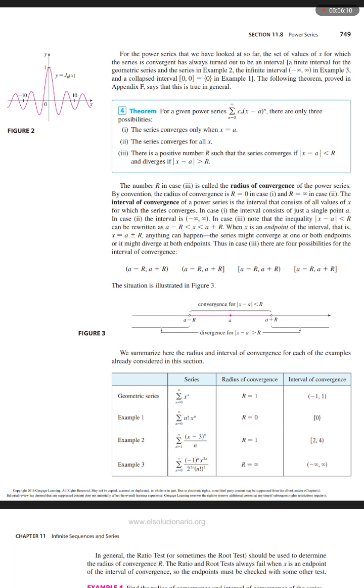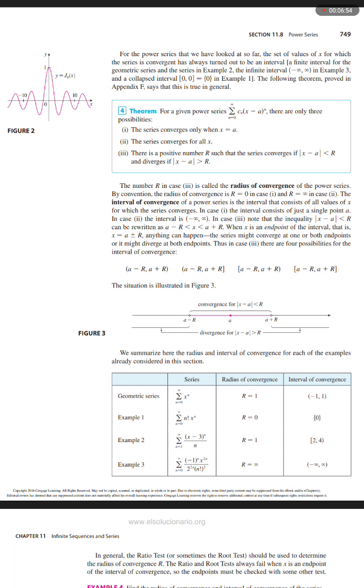In case 3, note that the inequality of the absolute value of x minus a is less than R can be written as a minus R is less than x, and x is less than a plus R. When x is an endpoint of the interval, that is, x equals a plus or minus R, anything can happen. The series might converge at one or both endpoints, or it might diverge at both endpoints. Thus, in case 3, there are 4 possibilities for the interval of convergence.